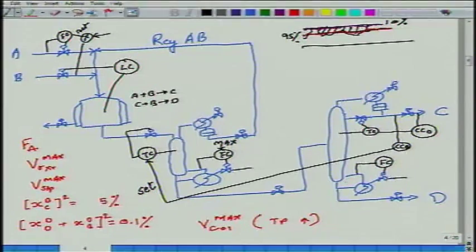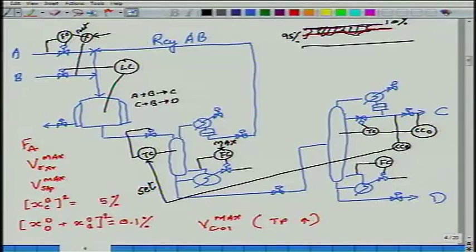Yeah, so of course, much more than 1, 10, okay, 1.05, 1.2. I don't think you have understood anything. That is a sad commentary on what I have been teaching. Suppose there was no side reaction, fresh A to fresh B ratio should have been what? Exactly 1, right? Okay. There is very little side reaction.